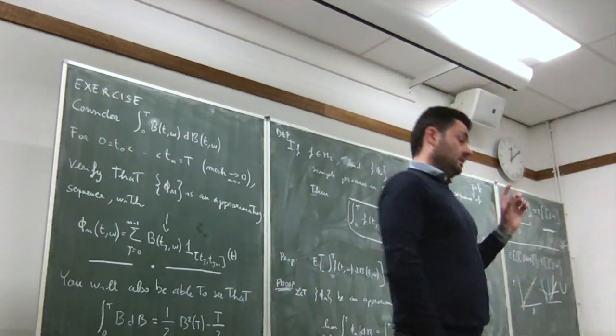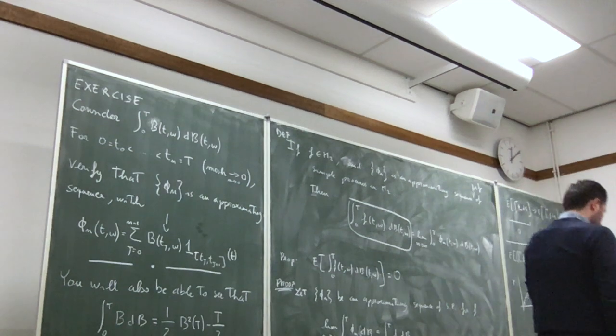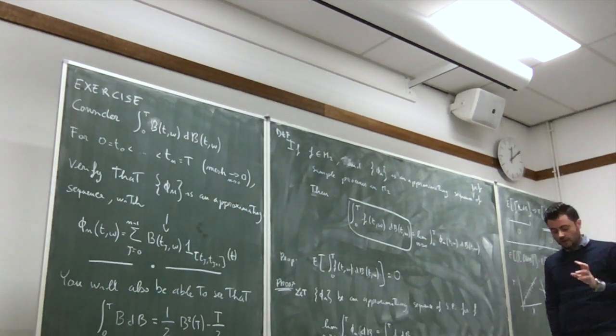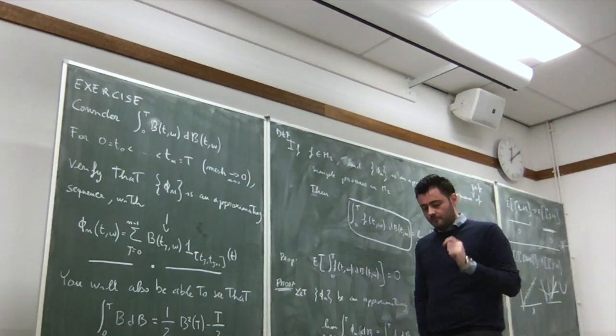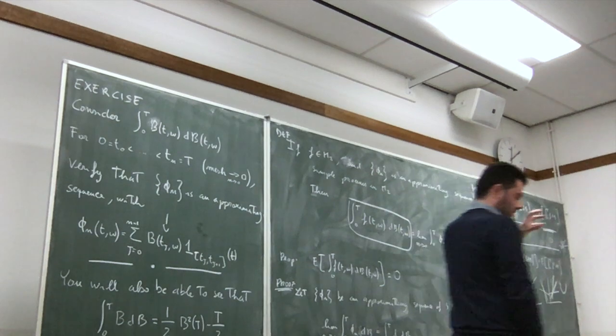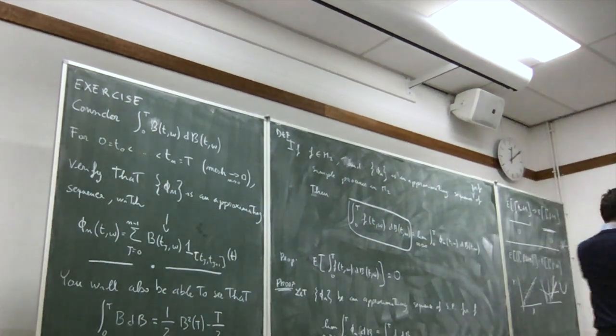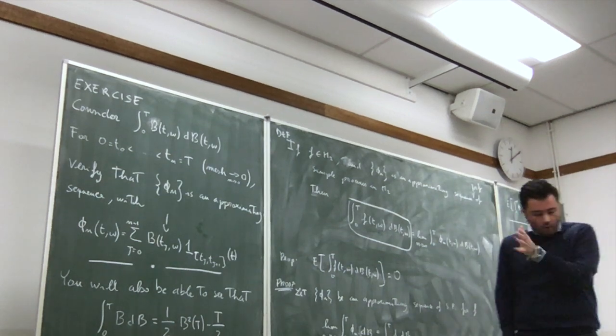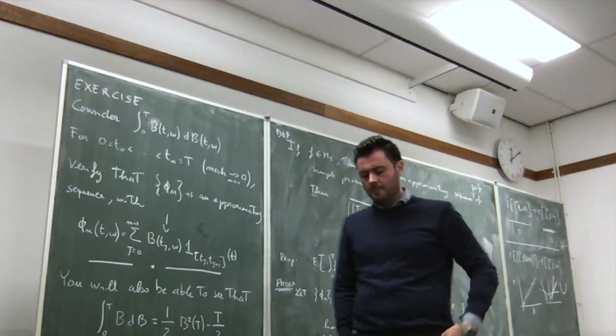If I consider a generic Ito integral for a generic function in the M2 class, then you know that it's a random variable. The Ito integral is per se a random variable. If I integrate with respect to different t's, it becomes a stochastic process.